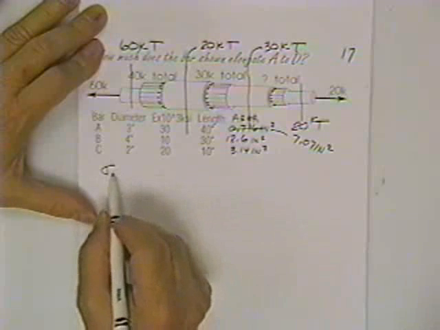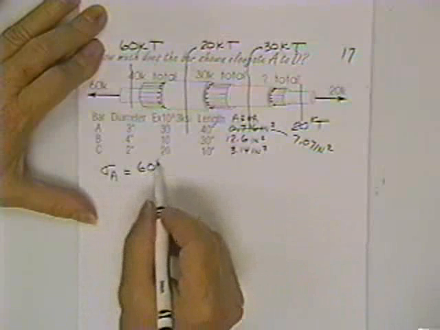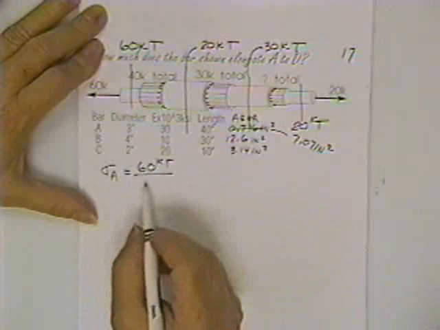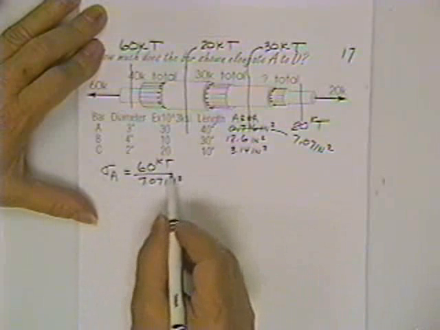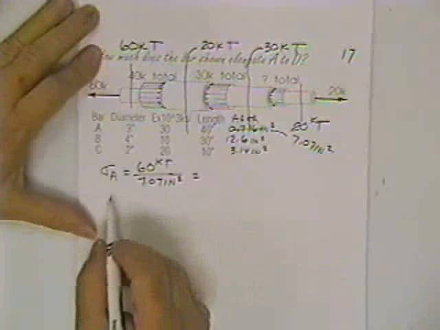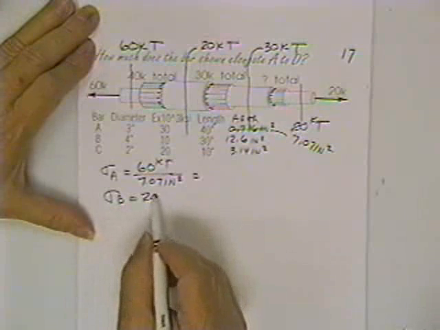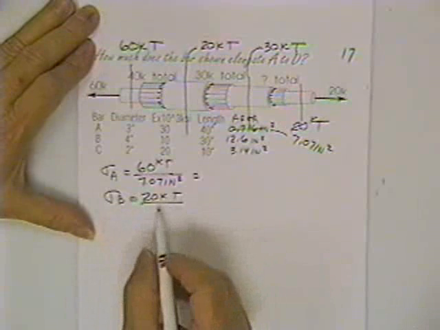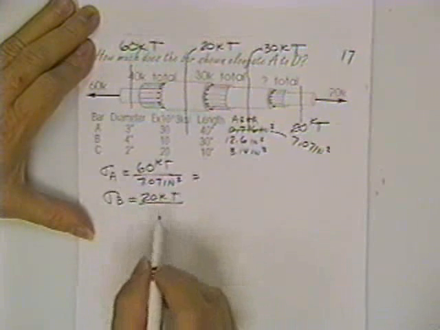The stress in bar A is load, 60 kips of tension, divided by the area, 7.07 square inches of whatever that stuff is, and it doesn't matter. We can work that out. Stress in B is 20 kips of tension, divided by its own personal area. ABC, that's interesting.